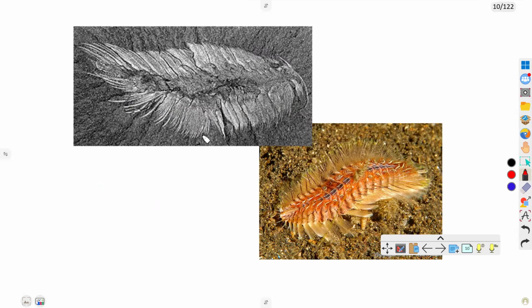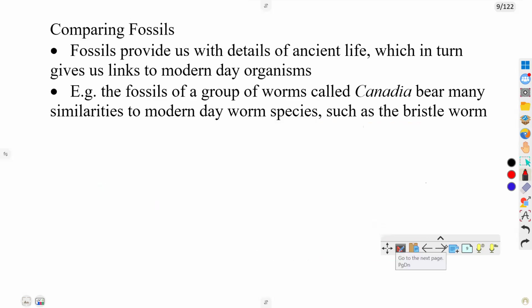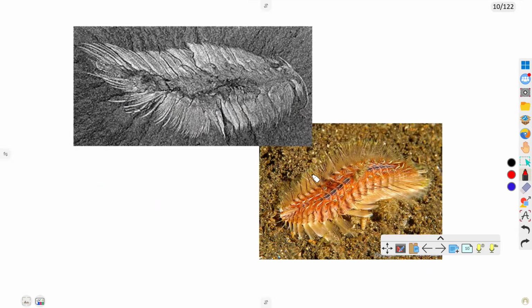Now, they bear a striking resemblance to worms that we have today, the bristle worm. So these bristle worms and the Canadia worms look very similar to each other. So that probably indicates that this one is an ancient descendant of what this one was hundreds of millions of years ago.